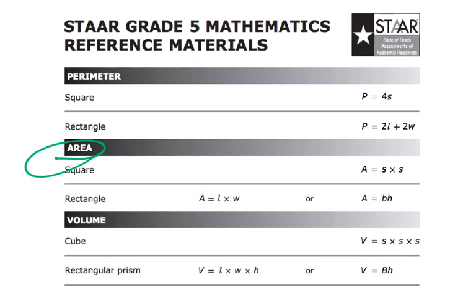Now look at this. The area of a square would be S times S, which represents side length times side length. Notice that it's going to be the same number because a square has 4 equal sides.